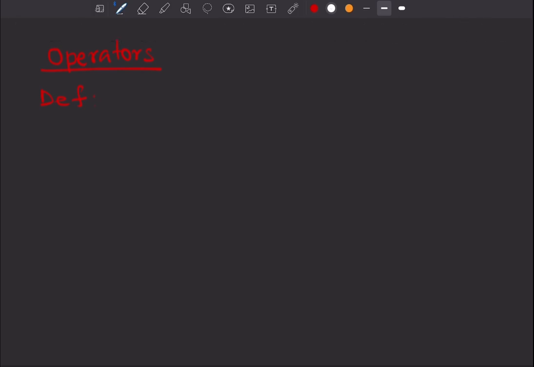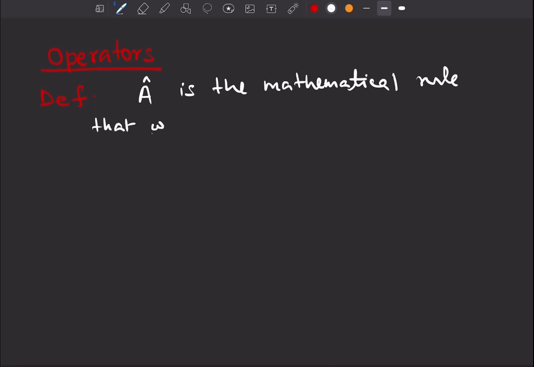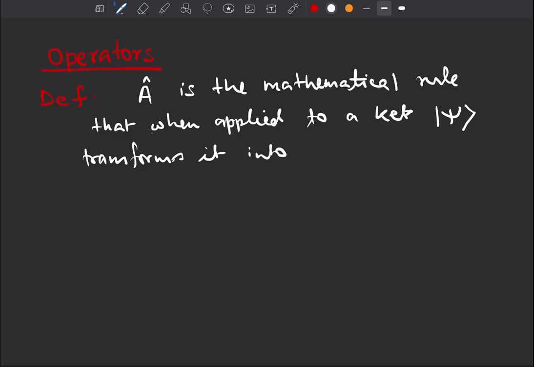An operator A cap is the mathematical rule that, when applied to a ket psi, transforms it into another ket psi prime of the same space.